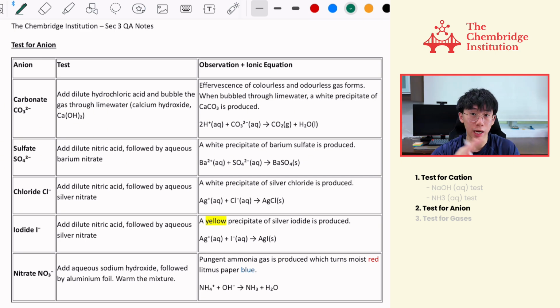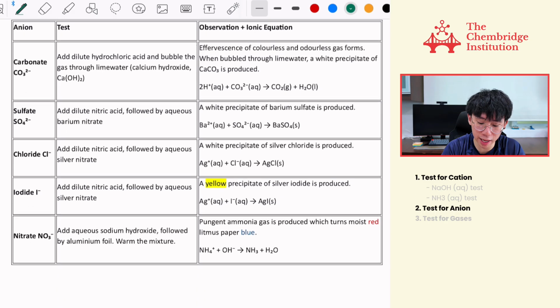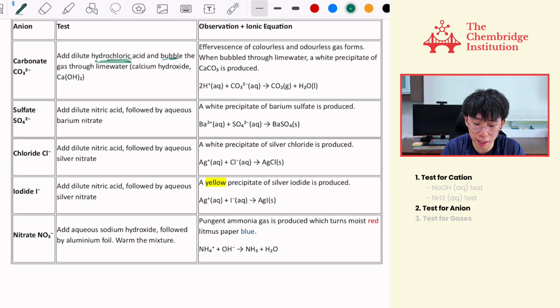So first, for carbonate anions, you want to add hydrochloric acid and then you bubble the gas through lime water. You generally just add an acid and you want to see if there's an acid and carbonate reaction. If there is, and you see effervescence, then you will bubble the gas through lime water to confirm that this effervescence of colorless and odorless gas, when bubbled through lime water, can give a white precipitate. So we confirm the gas is carbon dioxide.